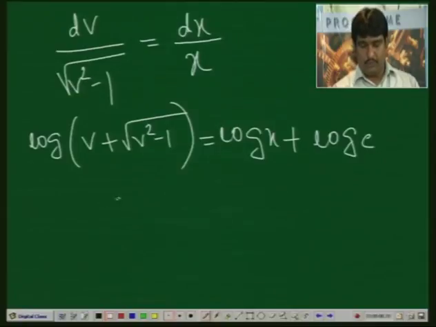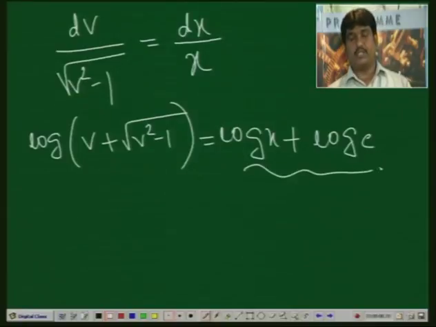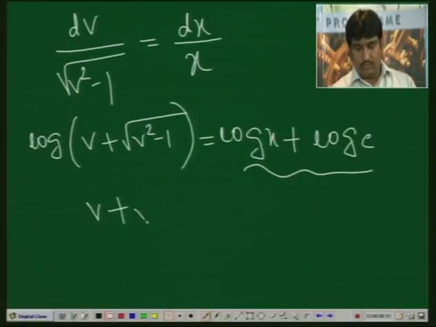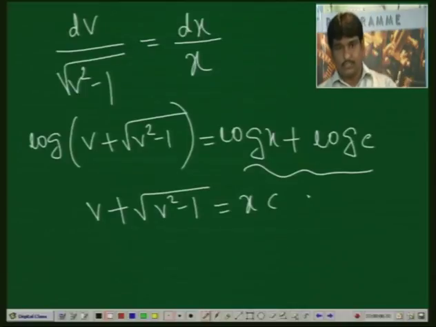So, use properties of logarithms. You write this log x plus log c as log of x into c, and cancel log on both sides to get v plus root of v square minus 1 equals x into c.